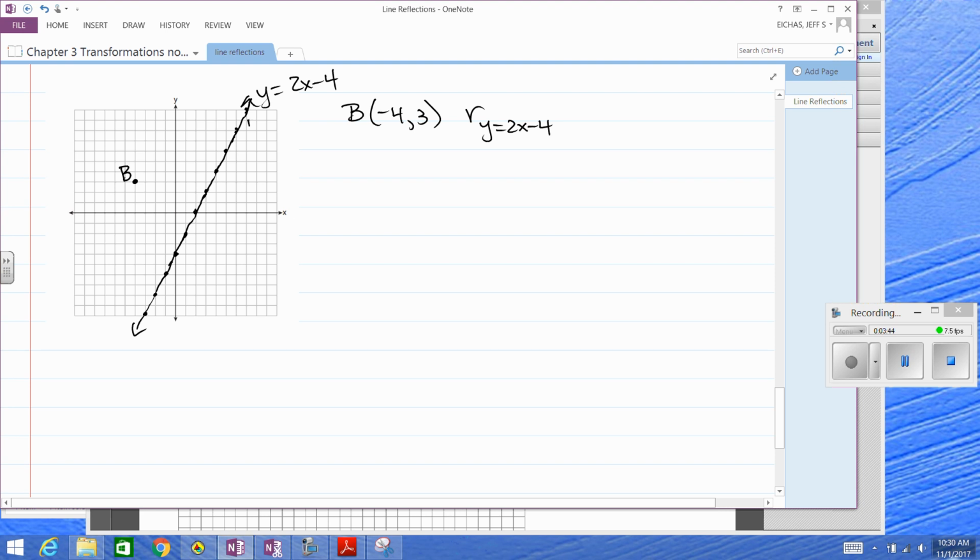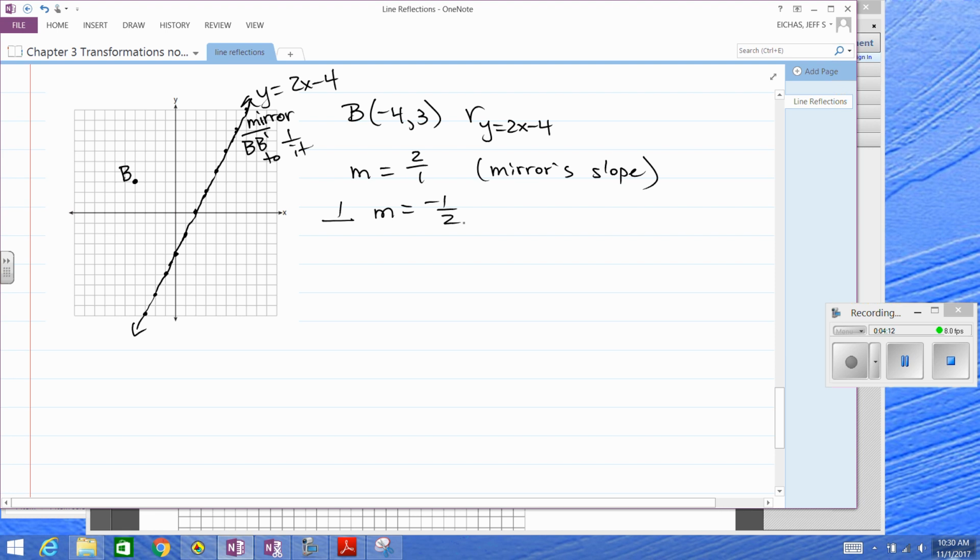Now, if this is your mirror, then B to B prime must be perpendicular to it. So what's the mirror's slope? The slope of the mirror is 2 over 1. Now, the perpendicular line, B to B prime, has to have a slope of -1/2.